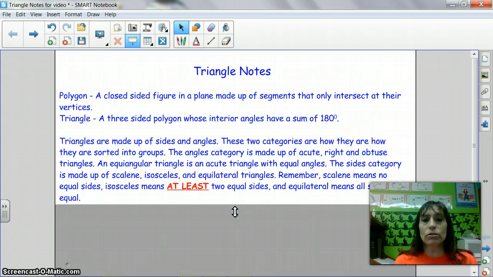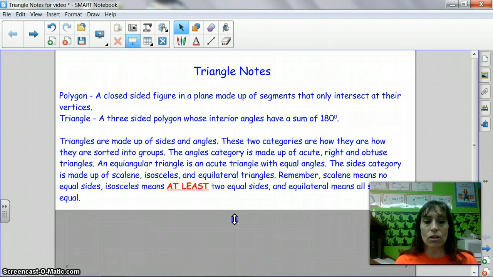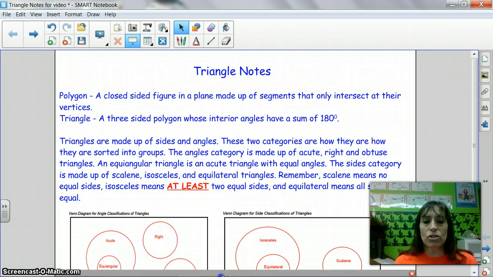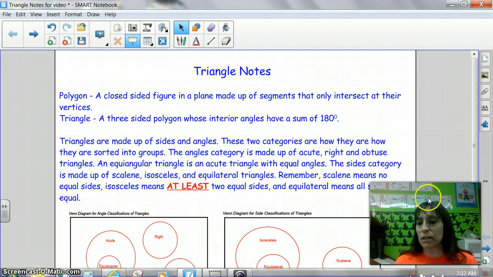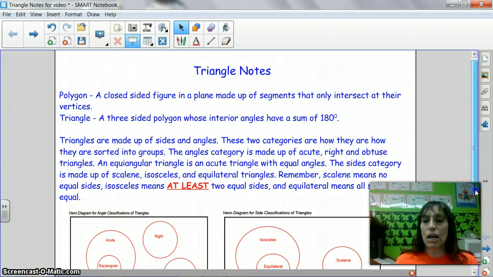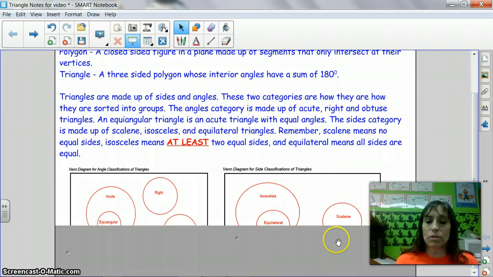So an equilateral triangle is actually an isosceles triangle also. So I wanted to show you these two diagrams because I think they're really helpful in letting you know which is which.